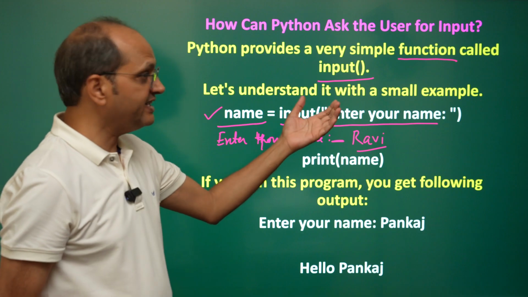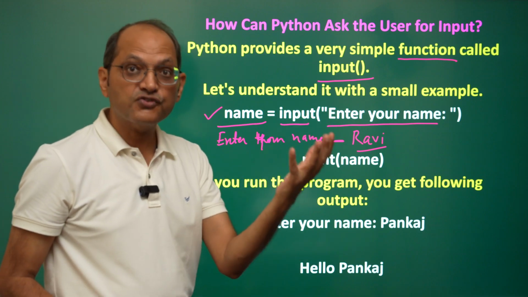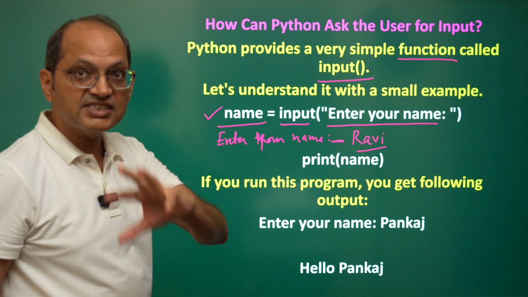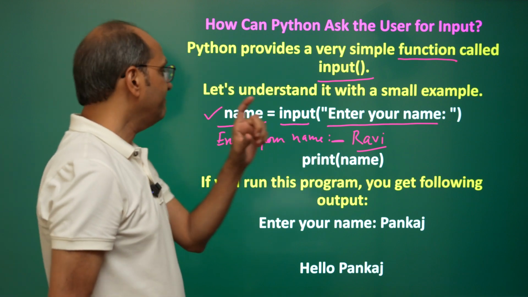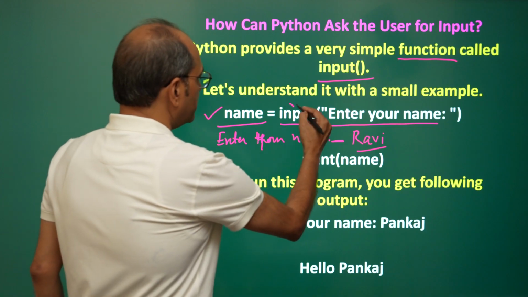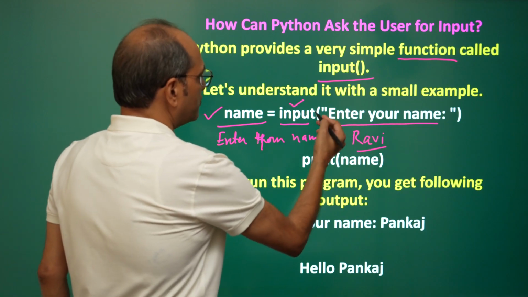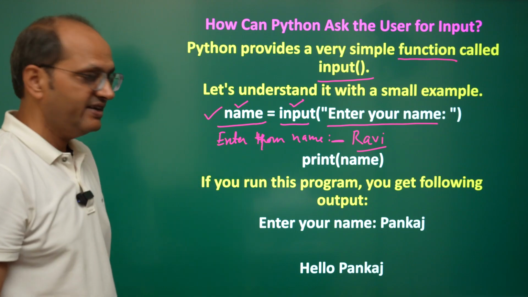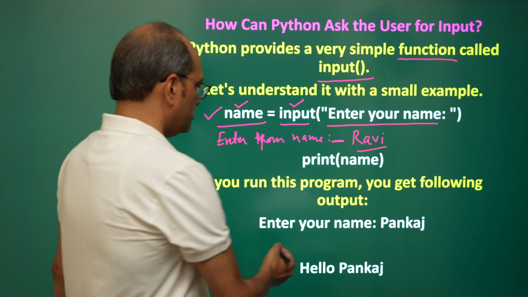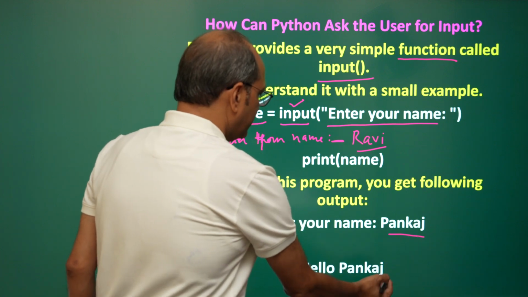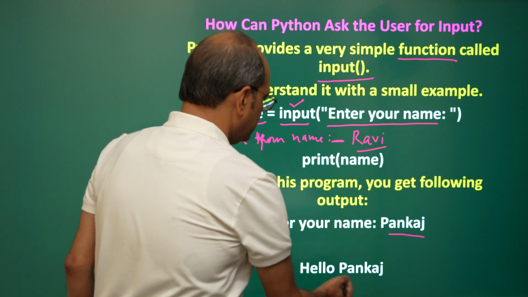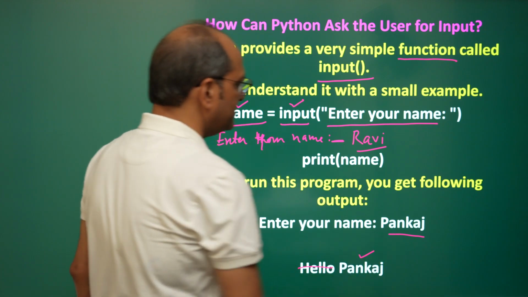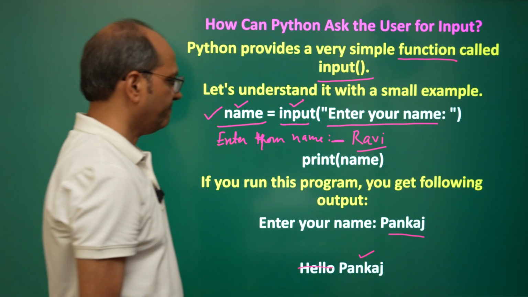So the input statement takes the input from the user from the keyboard and stores this information in a variable. So if I enter the name as Pankaj, it will give the output as Pankaj, not hello, because hello is not written here.